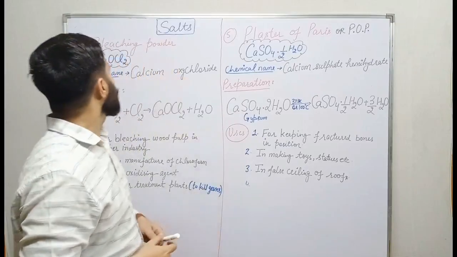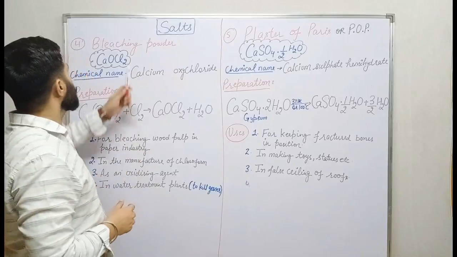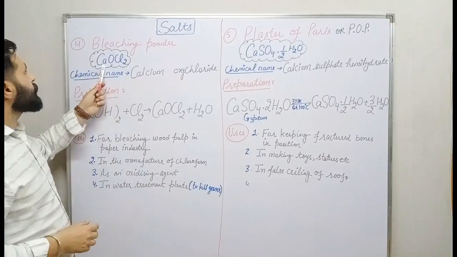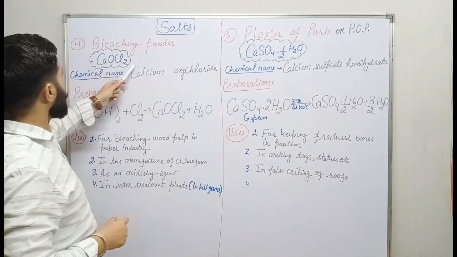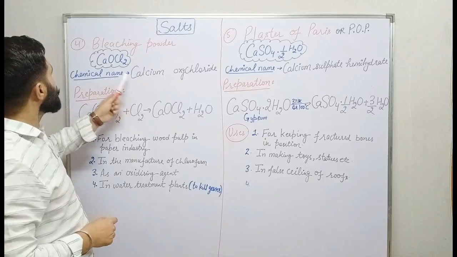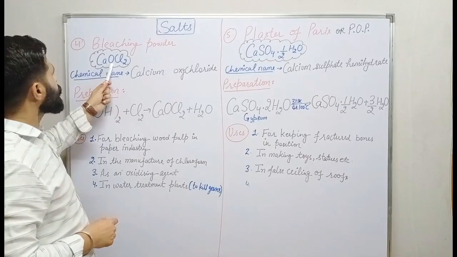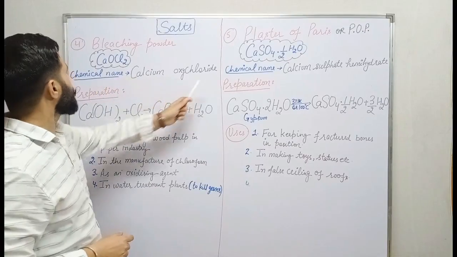So beta, our next salt is bleaching powder. Formula of bleaching powder is CaOCl2. So its general name is bleaching powder. Chemical name is calcium oxychloride, O for oxygen, so calcium oxychloride.